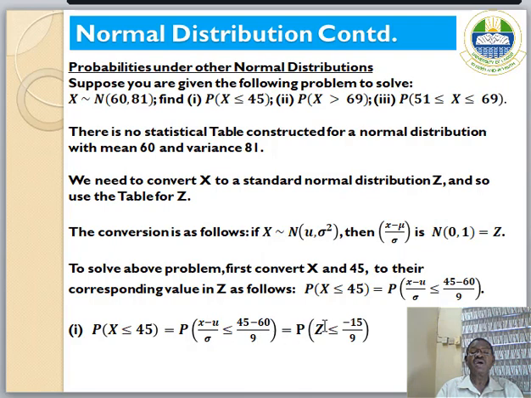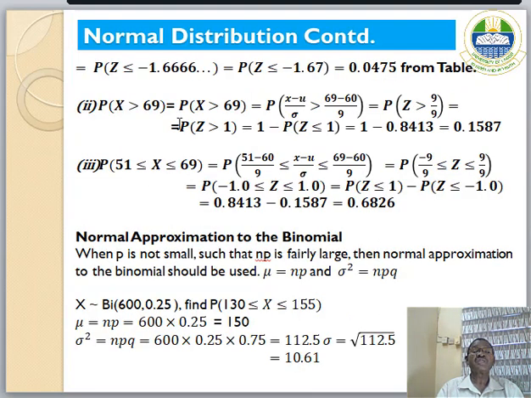This gives us the probability that Z, this quantity now being Z, is less than this. That value upon simplification is minus 1.666, which you round to 2 decimal places to be minus 1.67. And when you look at the table, minus 1.6 under 7, that probability is 0.0467.